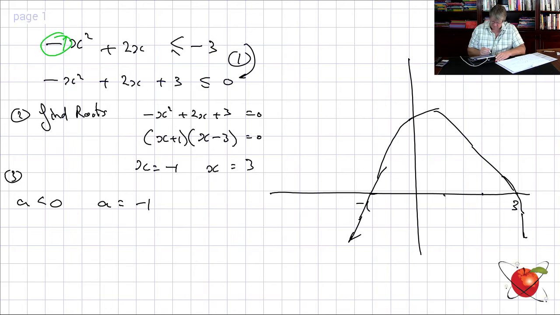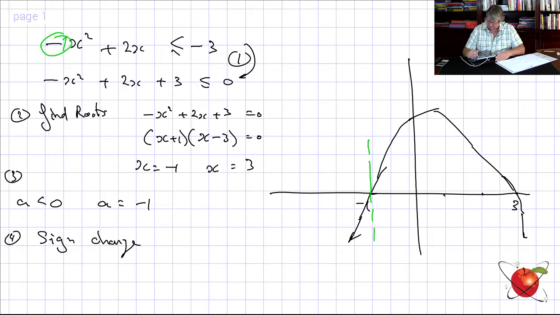Next, step 4, is put in the sign change points. I'm going to put them in green. Then look at the signs between the sign change points. Up here my y is positive, and it's negative and negative there, correct?